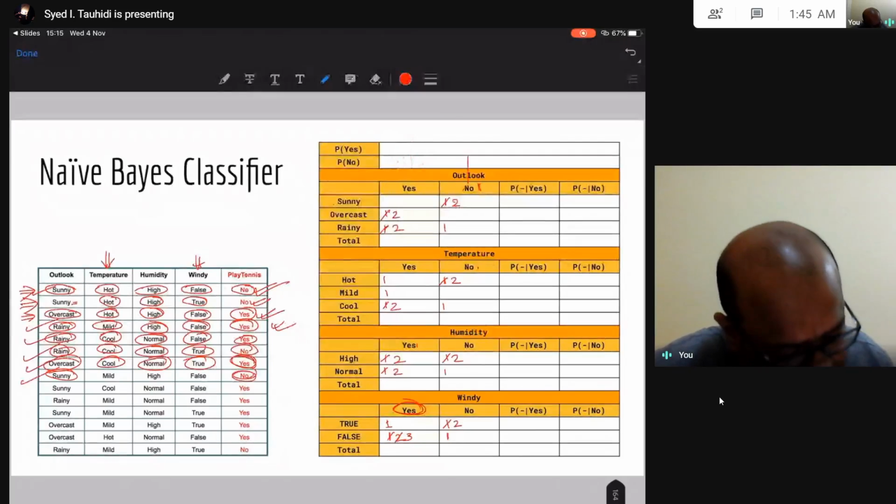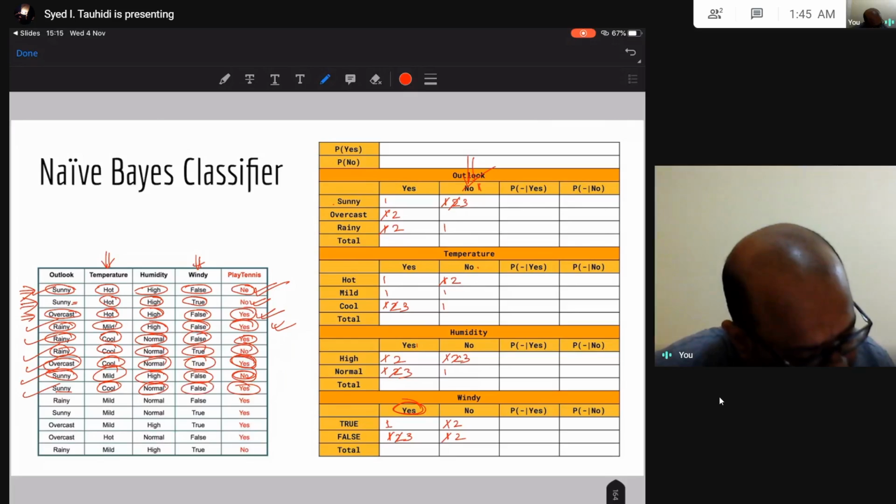Okay, so sunny I am incrementing by 1, mild by 1, high by 1, false by 1. Then this row says yes, sunny, incrementing by 1, cool incrementing, normal, I'm incrementing, false, I'm incrementing.